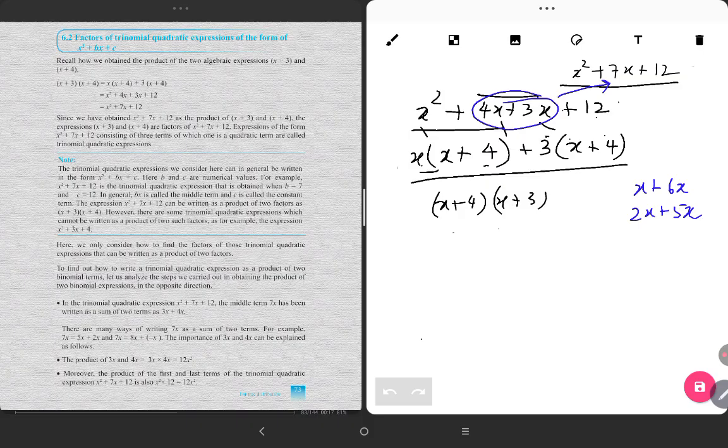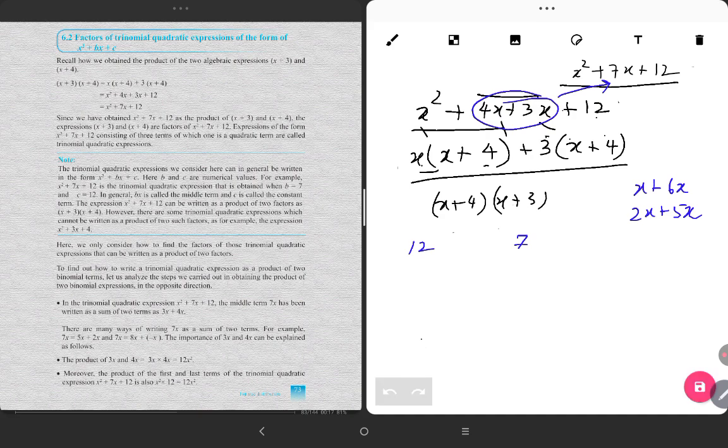That is the key thing to know or understand for you to factorize. So that's what we are going to see, and how to decide that. How should you break that middle term into two different terms to make this factorization easier? For that we need to have this number 12 and 7 involved.